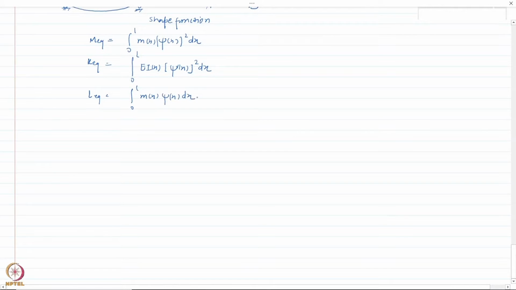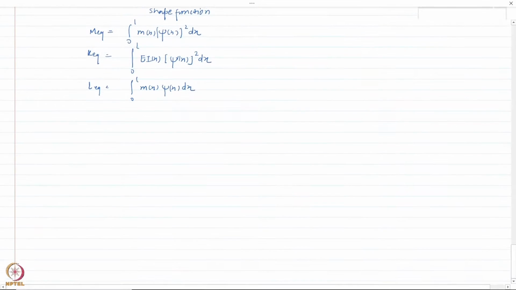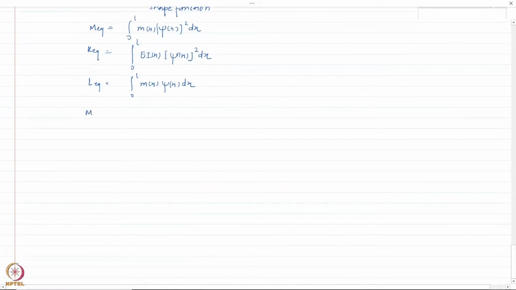Using these equivalent parameters, the equation of motion that I had derived was M equivalent times z double dot(t), the acceleration in terms of generalized coordinate z. If you remember, the total deformation we had written as phi(x) times z(t), where phi(x) represents the deflected shape or the shape function, and z(t) is the time variation, which we called the generalized coordinate.